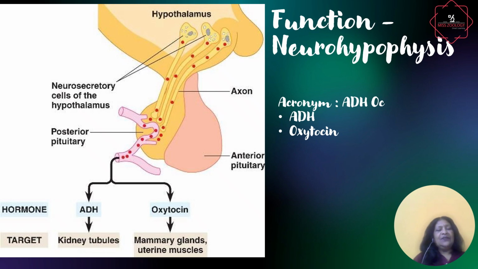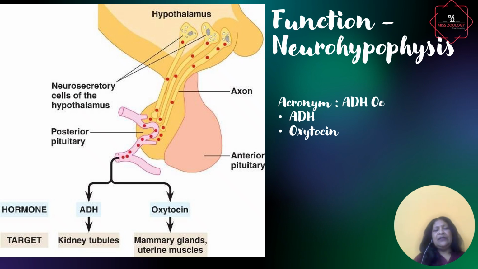While the other one, which is oxytocin, produces an effect on the uterine muscles during childbirth by constricting them so that the cervix opens wider and lets out the baby. More than that, the mammary glands are also activated to produce milk for the newborn.